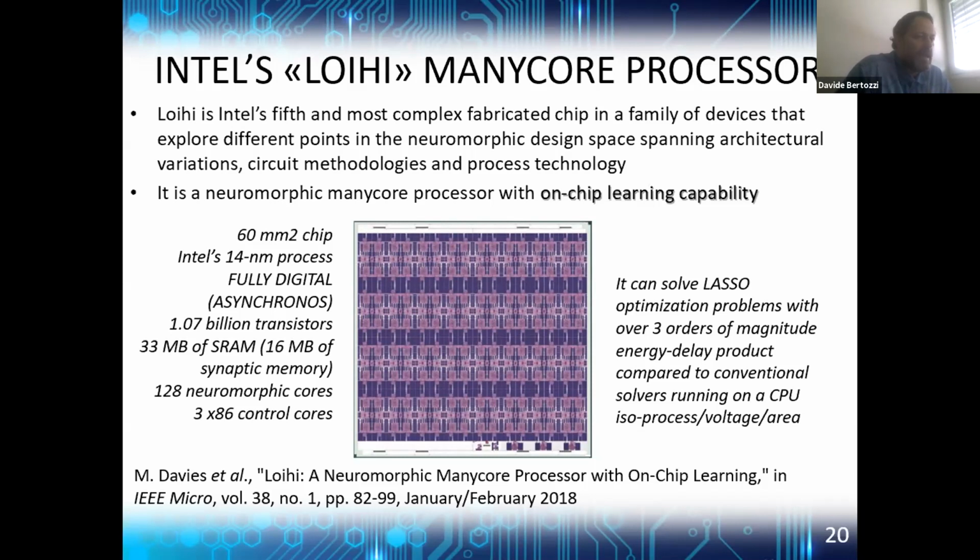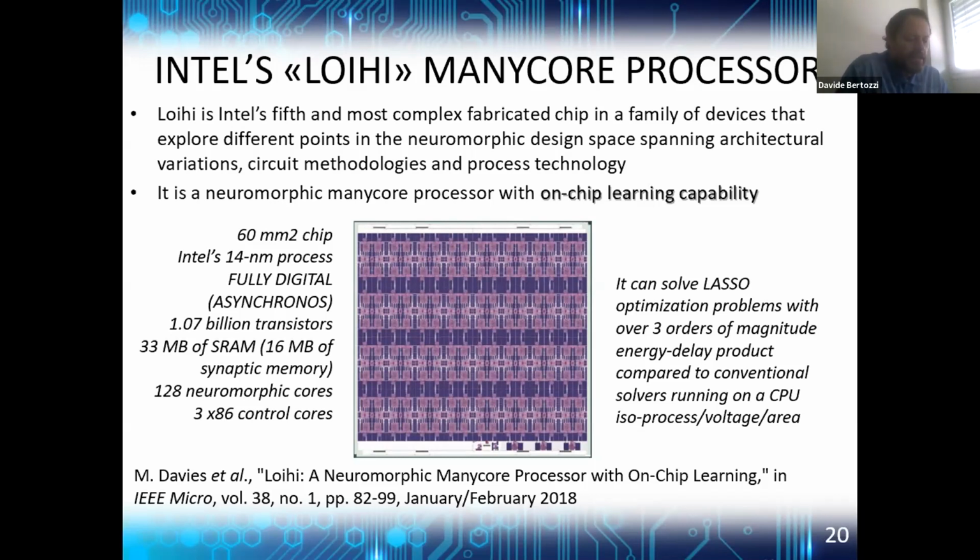It comes right after the previous densest spiky neural network chip, which was the IBM TrueNorth chip. And this is even denser in terms of the synaptic variables per square millimeter. With respect to the TrueNorth, the density of Loihi in terms of synaptic variables per square millimeter is 3 times larger.